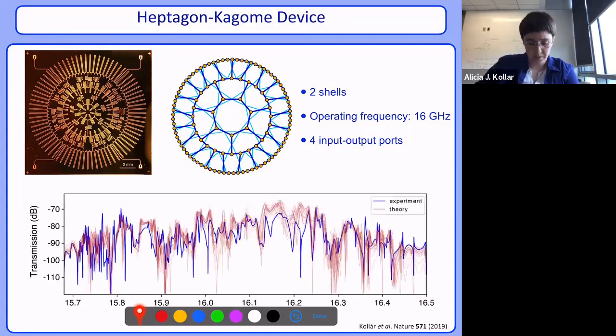And this is the final result. The experimental transmission curve is shown in blue and the theoretical in red. For the theory, we've added a little bit of disorder to both the on-site energy and the edge weights, just to account for the fact that no device is perfect.